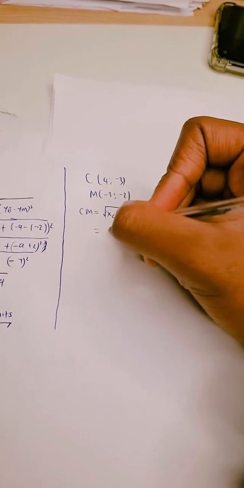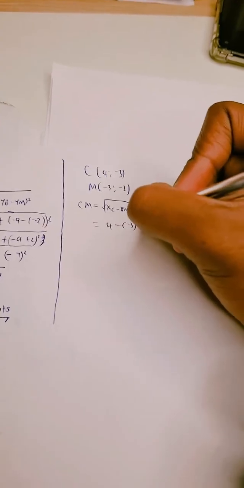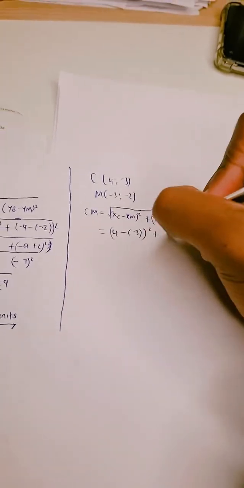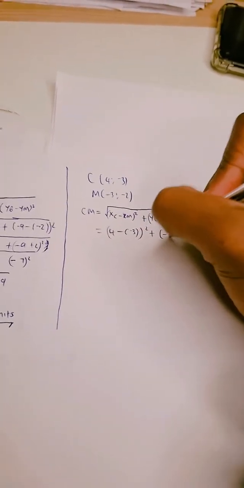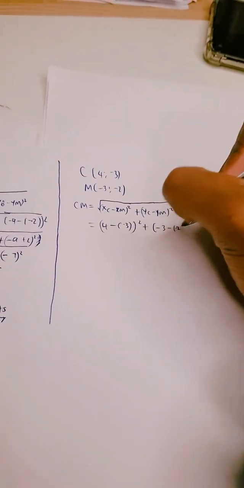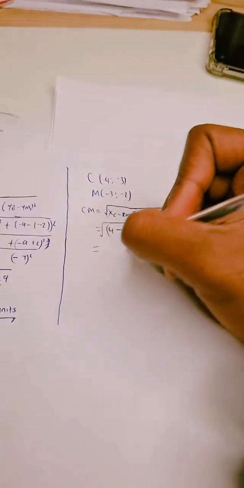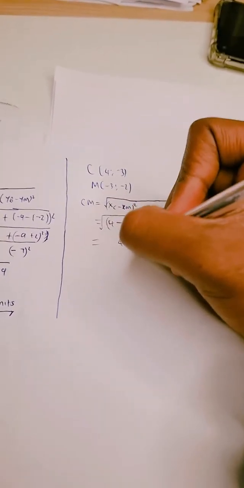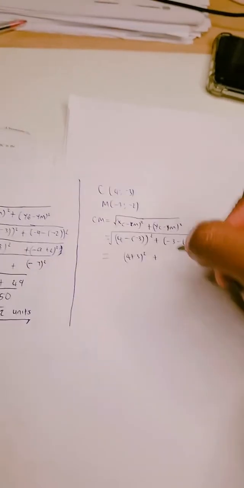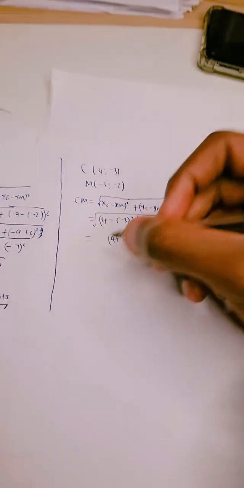X coordinate of C, minus 3. Y coordinate of C, minus 4 minus 2. Square root everything. So we have 4 plus 3 squared plus negative 3 plus 2.